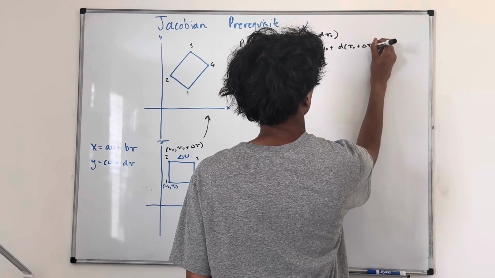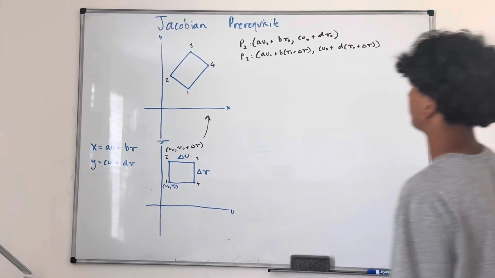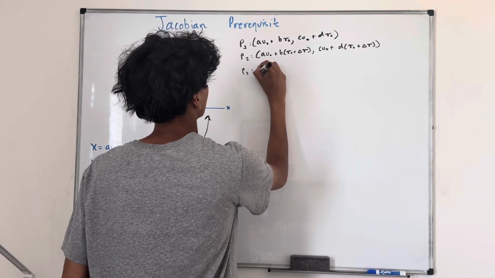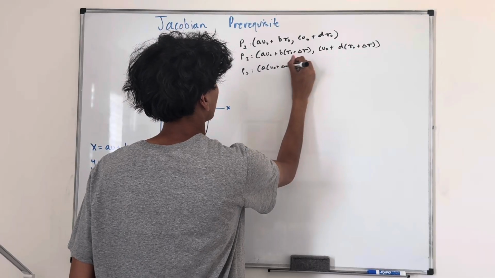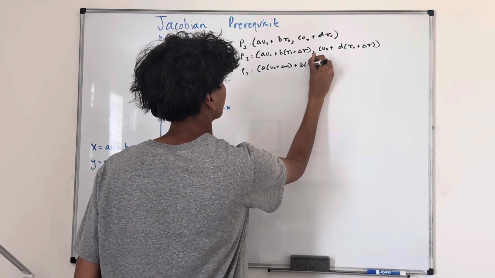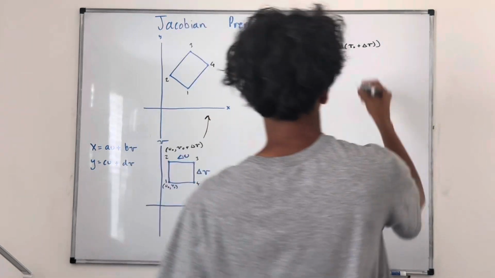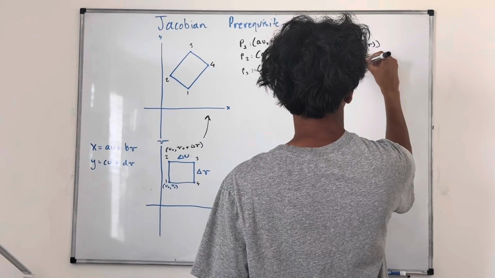And you can imagine, using these change in U and change in V, or delta U, delta V, I can find all the points, right? Because then point 3 is going to be A times U initial plus change in U plus B times V initial plus change in V. And then C, I want to make sure I'm not making any mistakes.